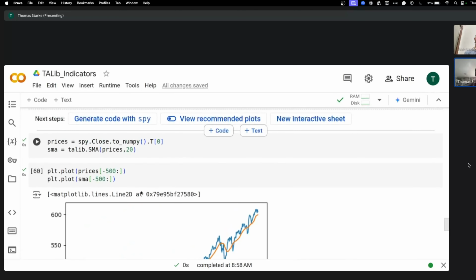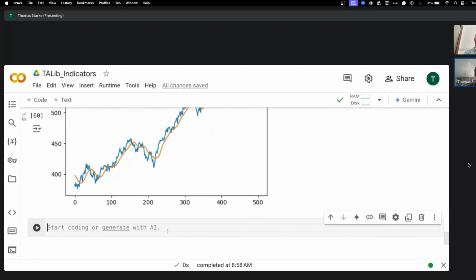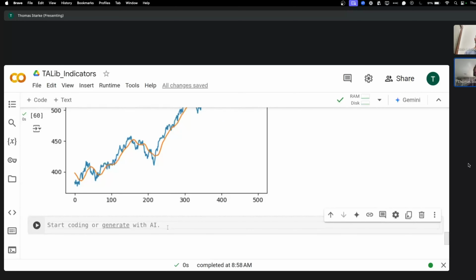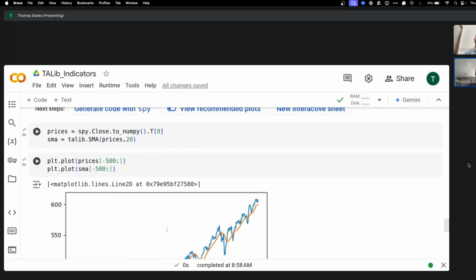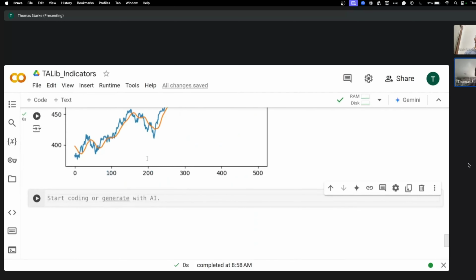So how do we build a trading strategy and test it based on that? It's actually not too difficult. What we can do is we can change the prices into returns. So what we're doing is we're generating some returns from the prices.